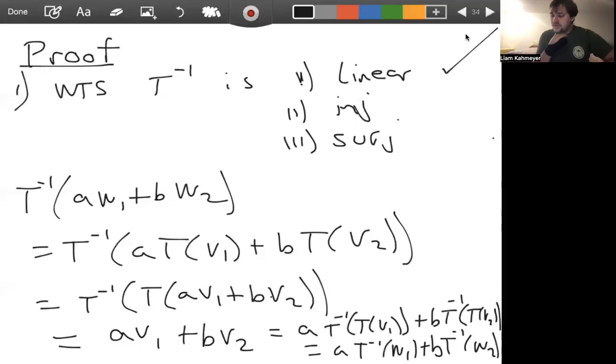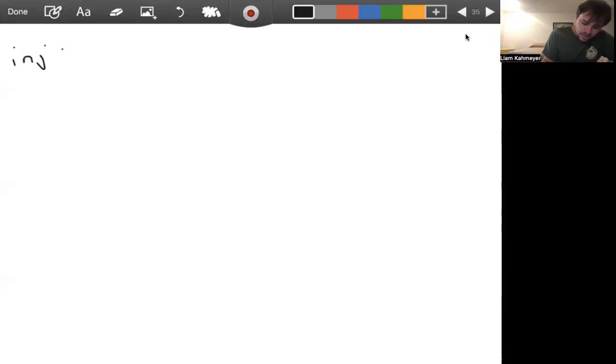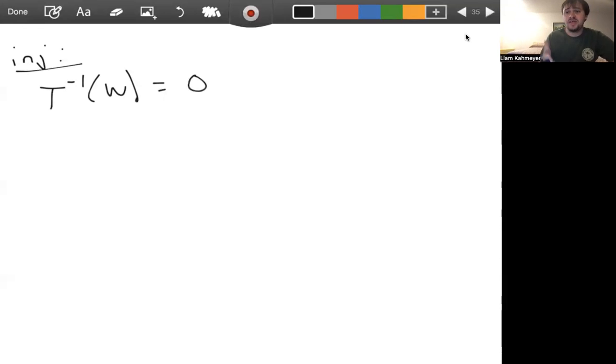Or surjective, it doesn't matter, right? Well, let's do injective first. Let's now show that T inverse is injective. So what we want to do is assume that T inverse of W is equal to 0. And we want to show that this implies W equals 0, right? Well, what is W? Again, T itself is surjective because it's bijective.